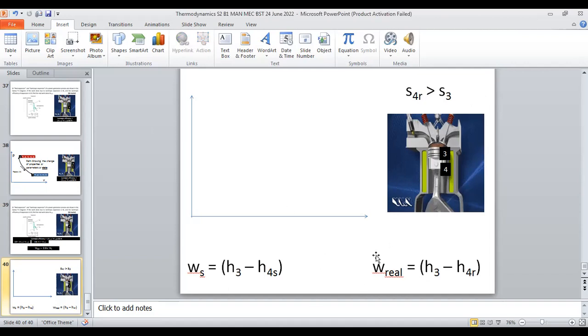Yeah? So here one axis is S. The unit, I think in the steam tables, we learn about this.